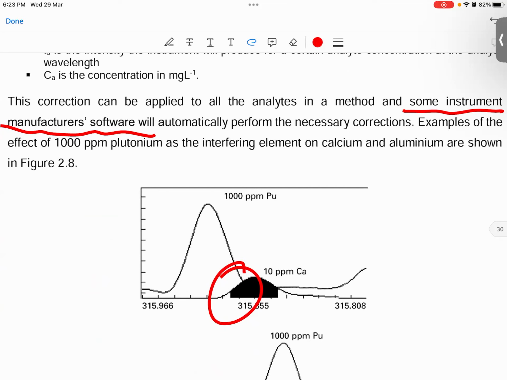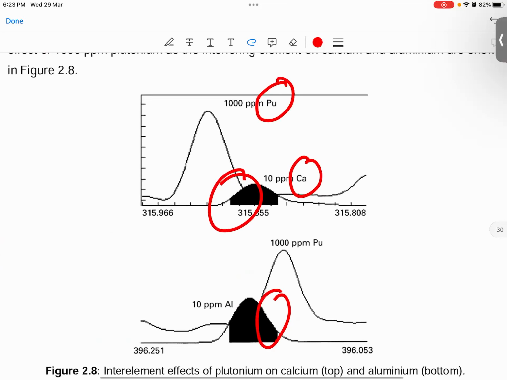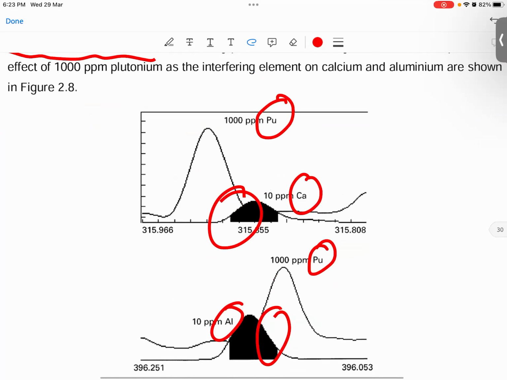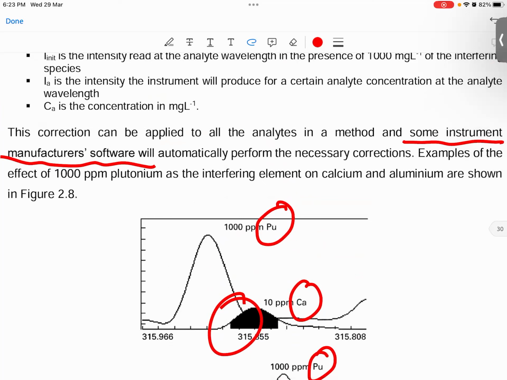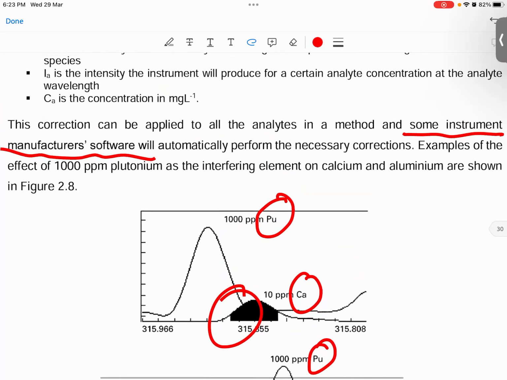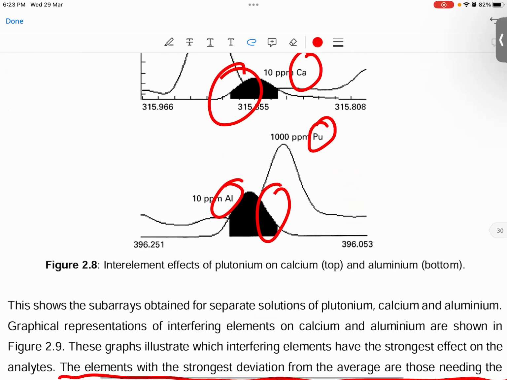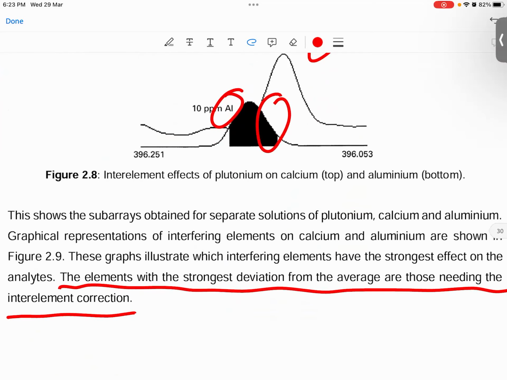This is overlapping of plutonium and calcium, and this is overlapping of plutonium and aluminium. But you do not need to worry, because the manufacturers have the software, so you don't have to think about the spectral interference. It's not really common. Now they have a good system.